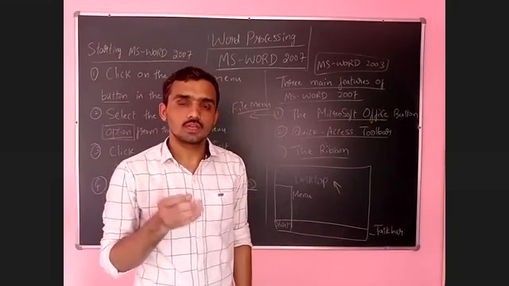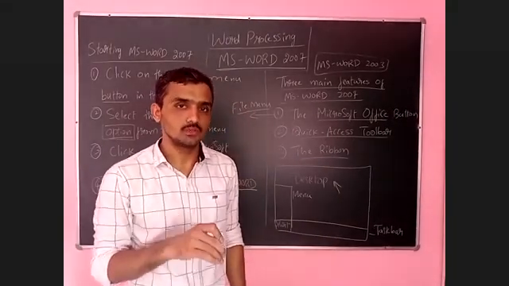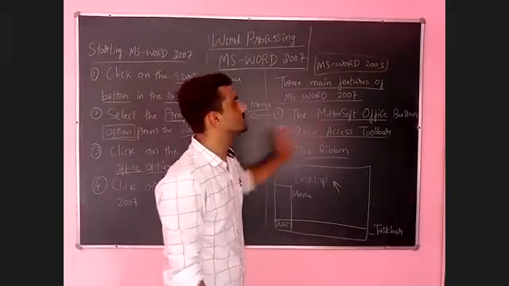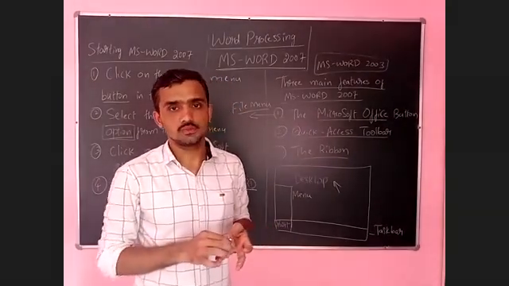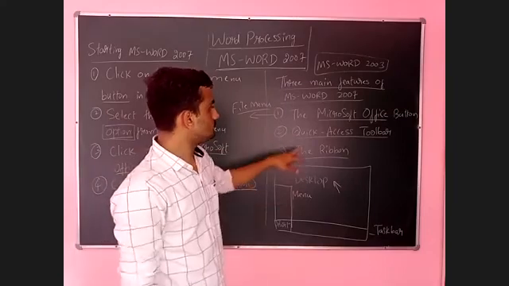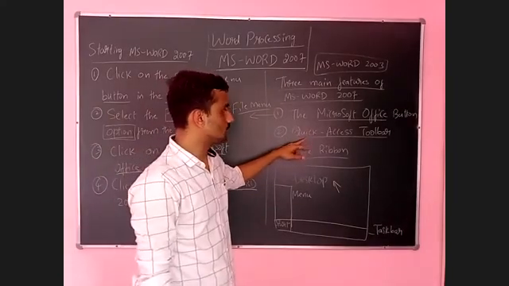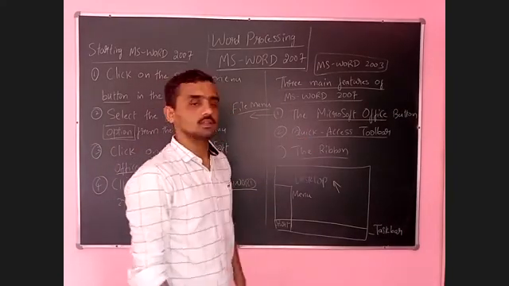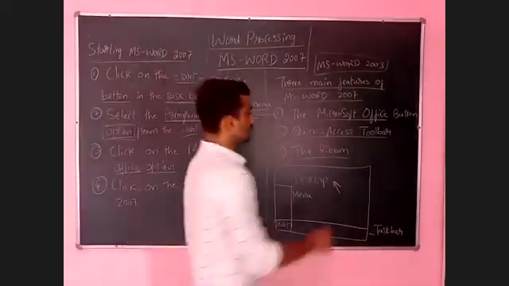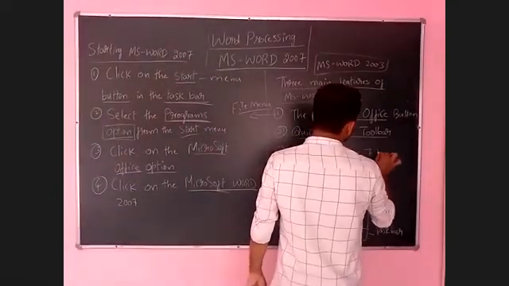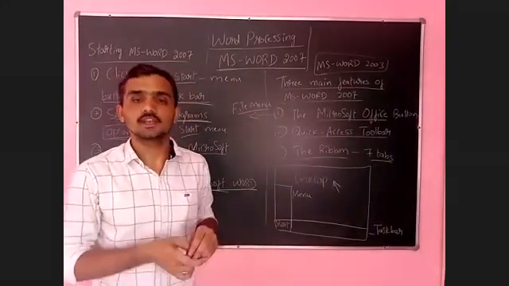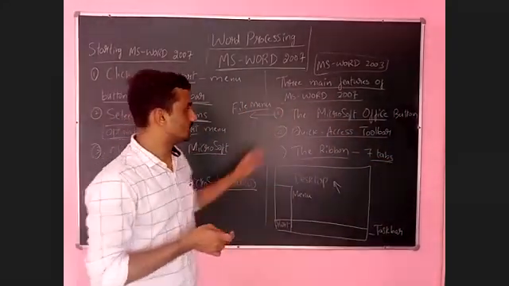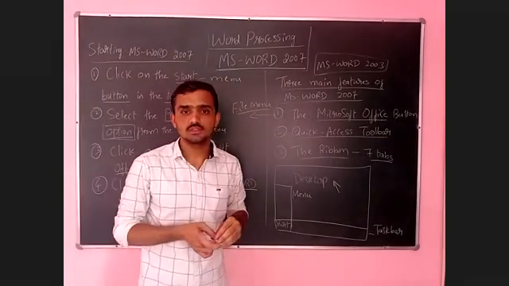Most of the tasks which we were doing in the file menu, we can do in the Microsoft Office button. It will be on the top left corner of the window. Then we come across the quick access toolbar. Then we have the ribbon. In the ribbon, we come across seven main tabs. These things we will discuss in the next class, in detail, about the features of MS Word 2007.